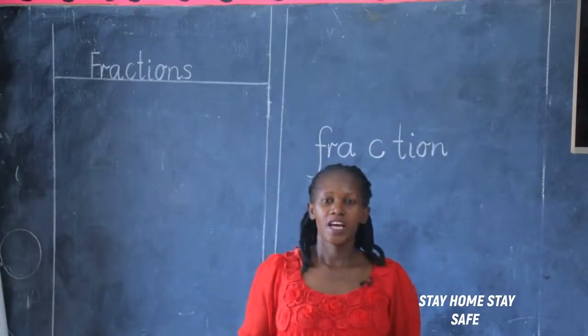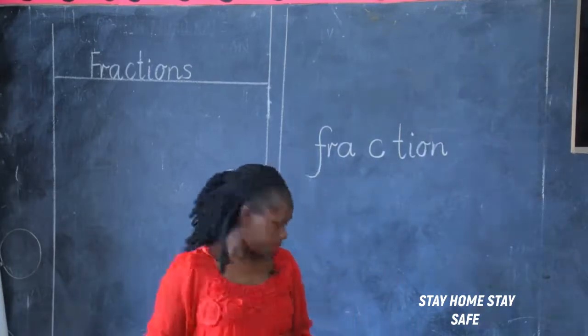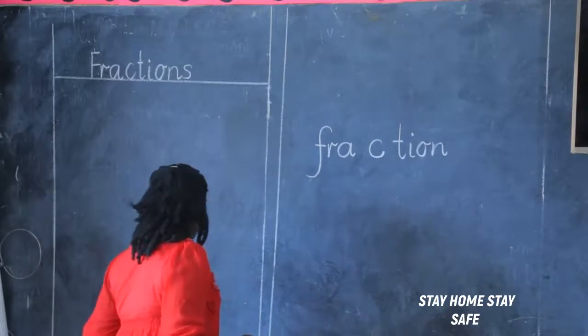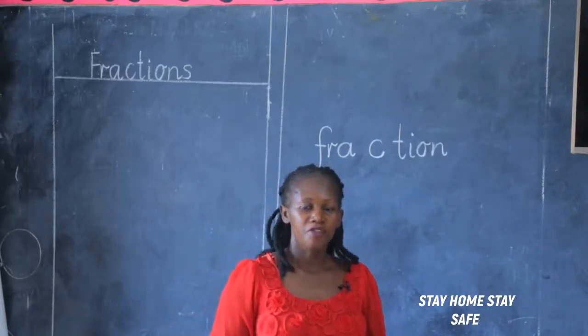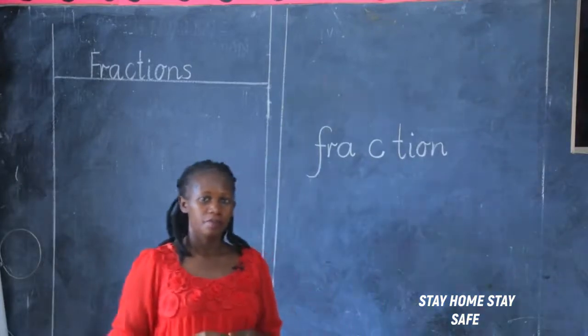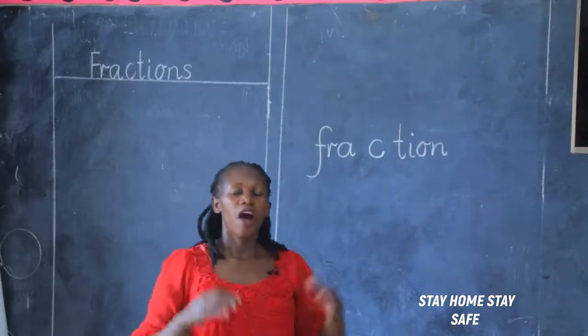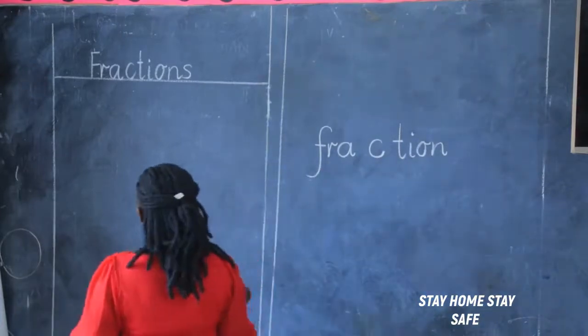So the word is now fraction. Say fraction. All right. You know what a fraction is? A fraction is a part of a whole thing. A part of a whole.